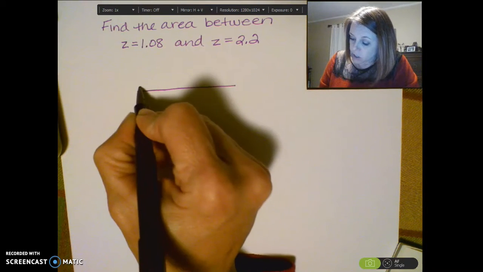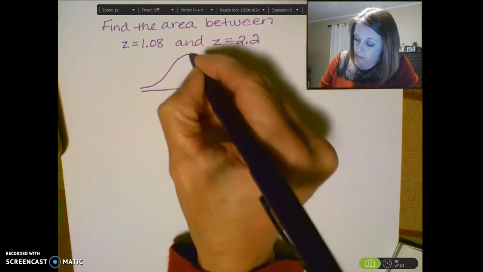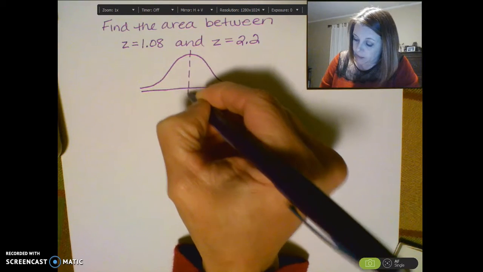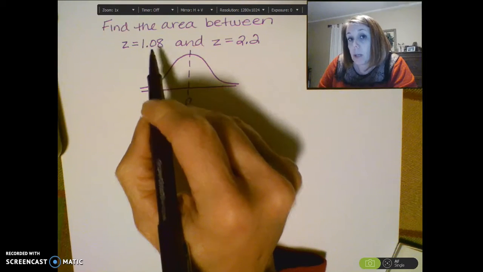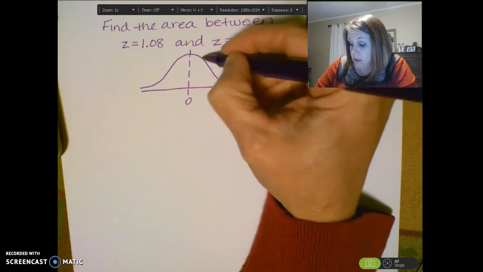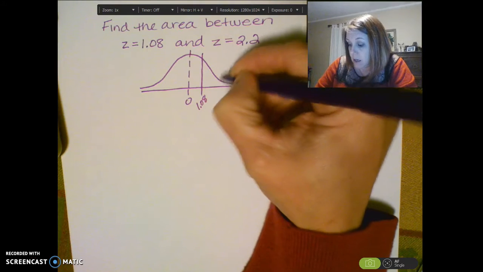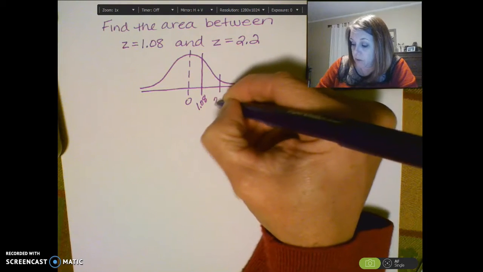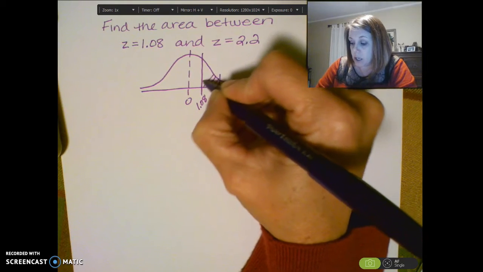Okay, so let's sketch it. Now our mean is 0. Now be cautious, 1.08 should be closer to 0 than 2.2 is. So 1.08 closer to the mean, 2.2 further away from the mean. And we're finding the area between them, so there's our shaded region.